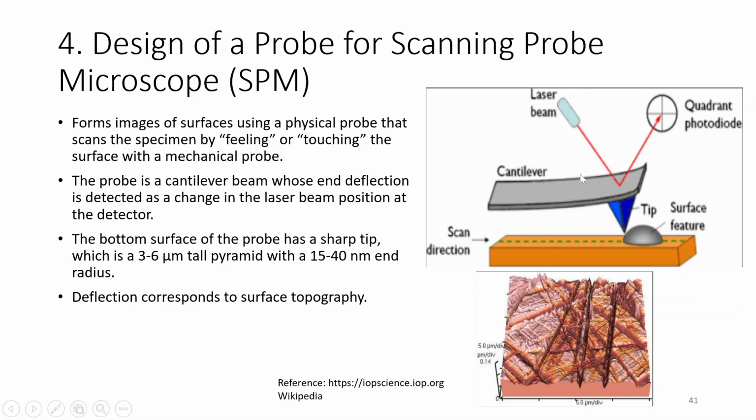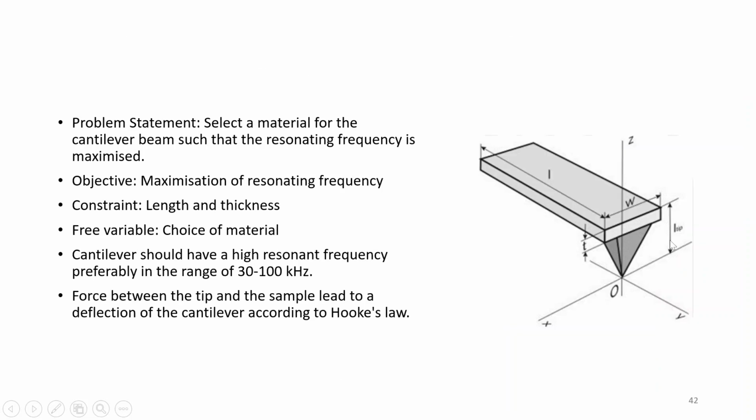Here you can see the laser beam is detected with the quadrant photodiode, and this is the tip which will be scanning this surface. The problem statement is you have to select a material for the cantilever beam such that the resonating frequency is maximized.